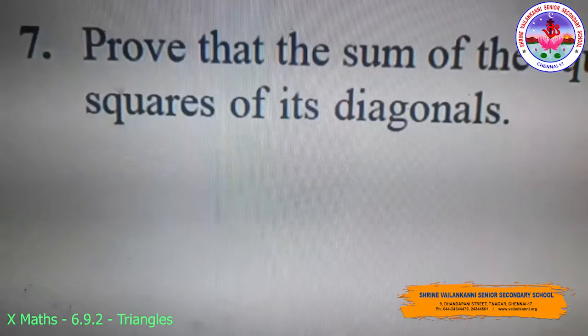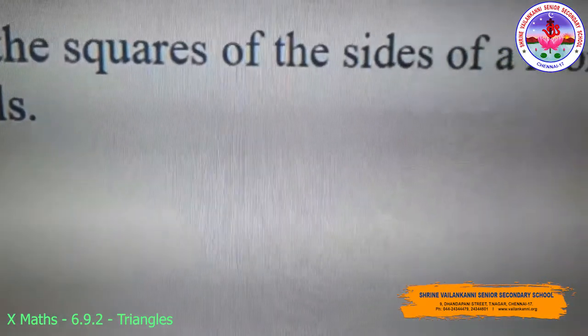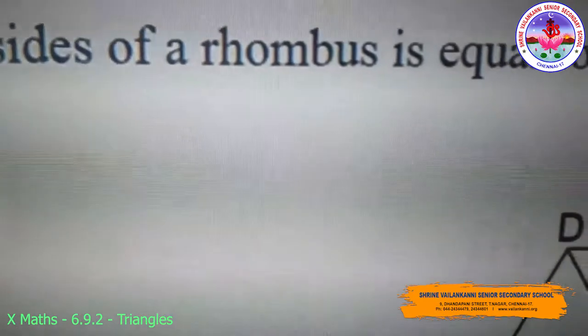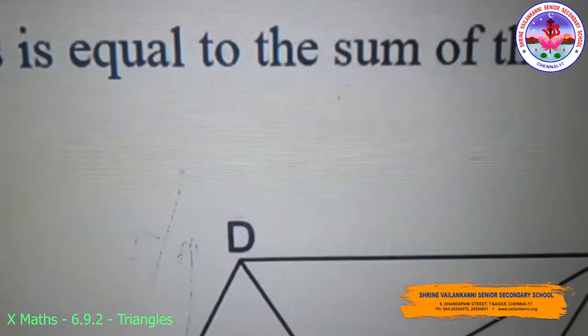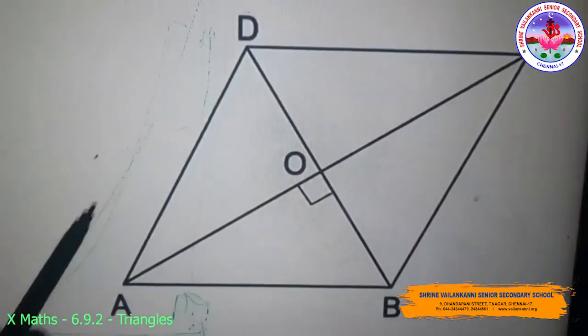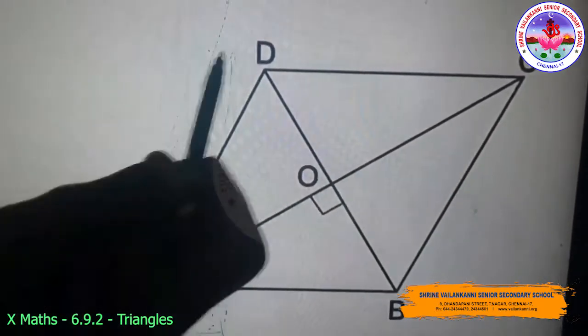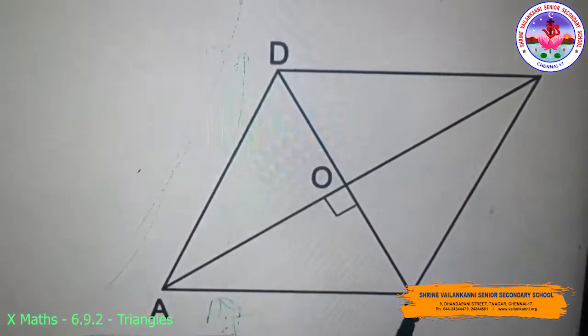Seventh problem. Prove that the sum of the squares of the sides of a rhombus is equal to the sum of the squares of its diagonals. Now let us draw a rhombus ABCD whose diagonals are AC and BD.